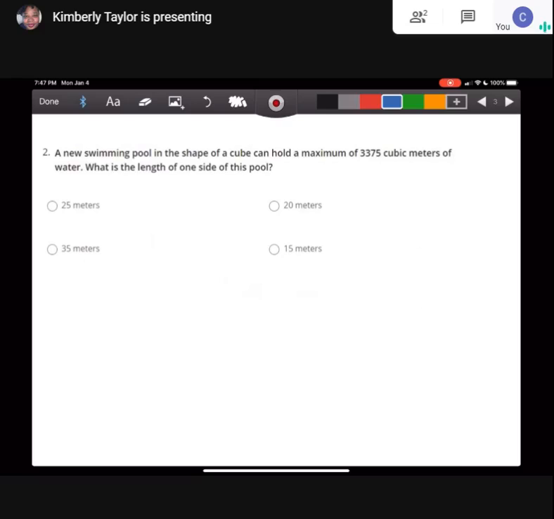So, a cube is like a box. The special thing about a cube is that all of the sides have the same length. So the width, the length, and the height all are the same. So this would be an actual cube. And they're saying that this is actually the pool. So how high it is from top to bottom is a length.